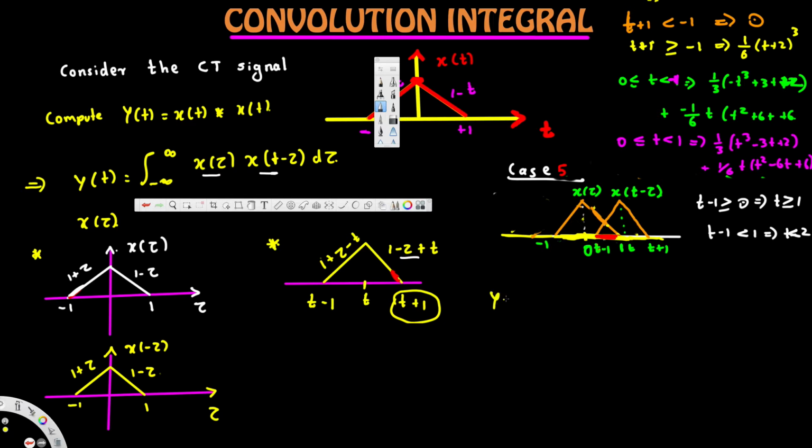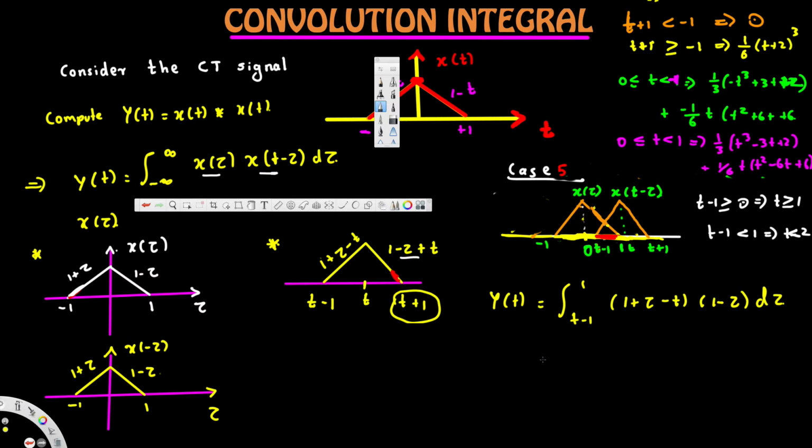Y of t is going to be equal to the integral from t minus 1 to 1. So from t minus 1 to 1, we have this x of t minus tau graph going up, that's 1 plus tau minus t, and also we have this x of tau graph coming down, that is 1 minus tau d tau.